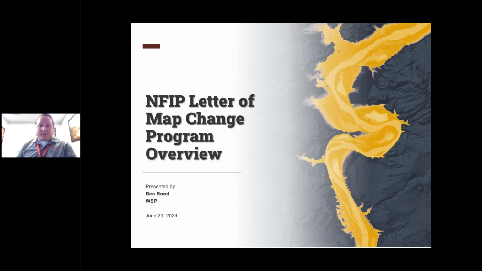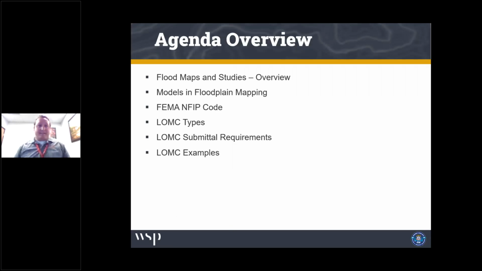We'll do an overview. We'll talk about some of the modeling that goes into floodplain mapping and how that's applicable to the letter of map change process. We'll talk about the FEMA NFIP codes.